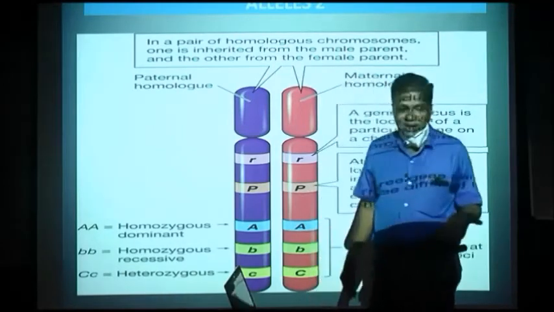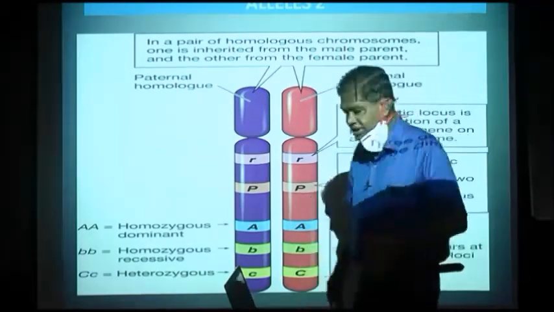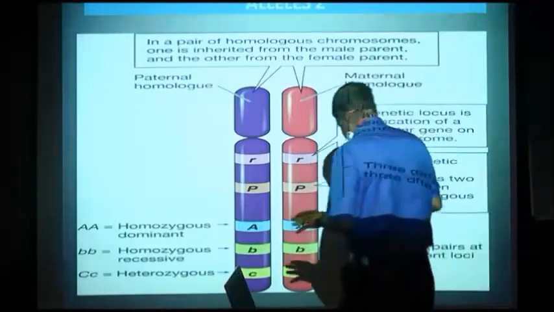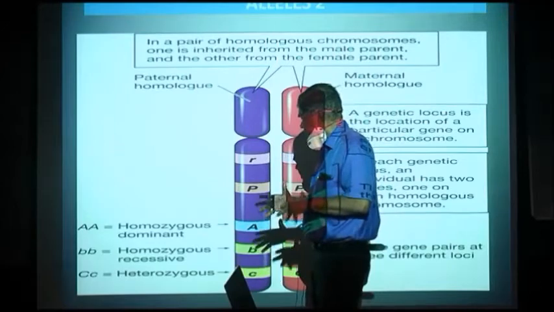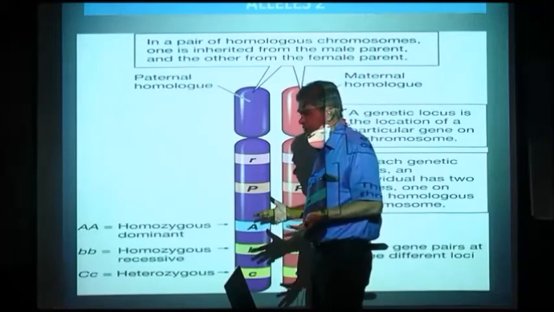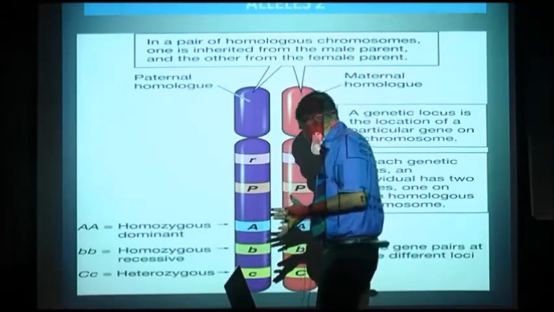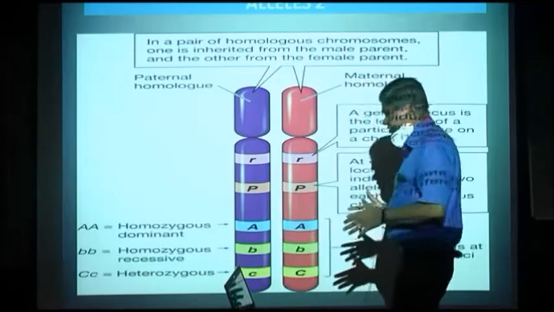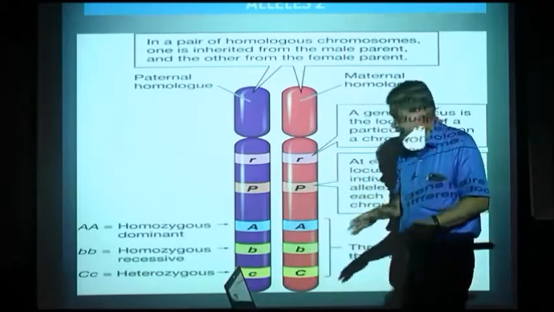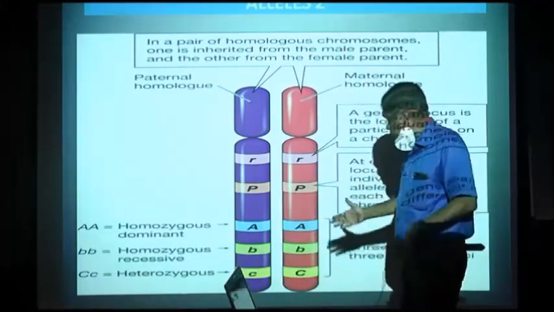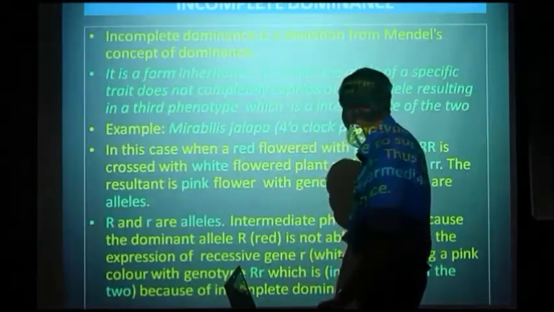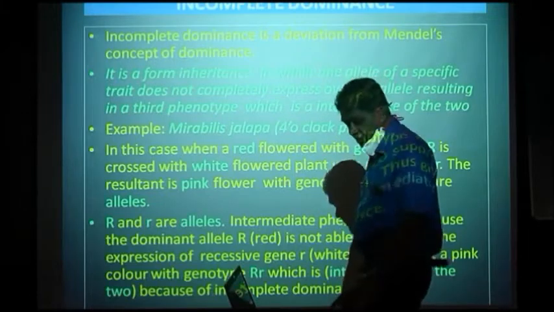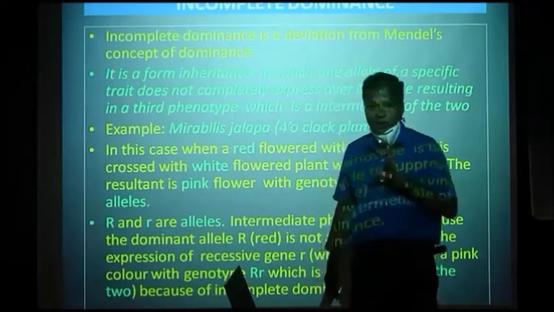One more thing that Mendel said was that the dominant gene is able to express itself, and the recessive gene remains suppressed, and when it gets homozygous condition in the F2 generation, it expresses itself. Now, coming to incomplete dominance.